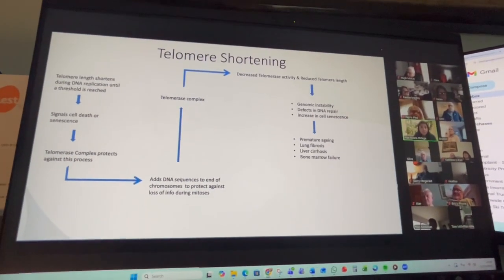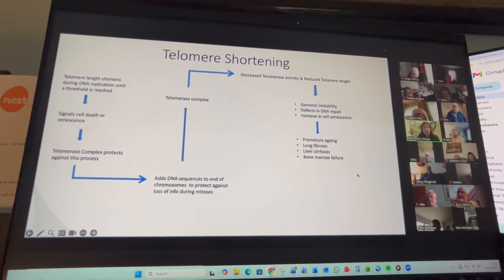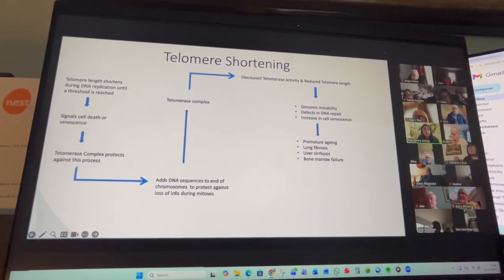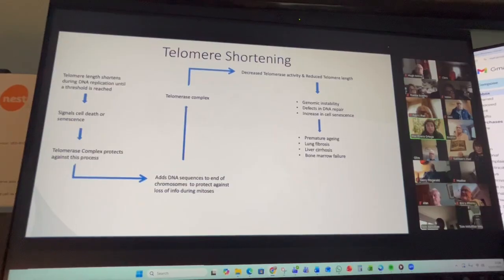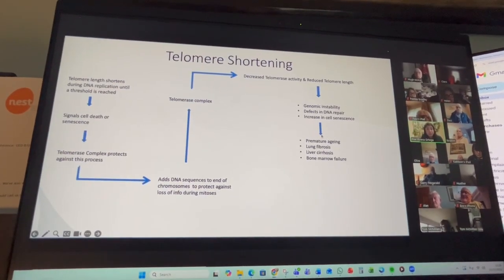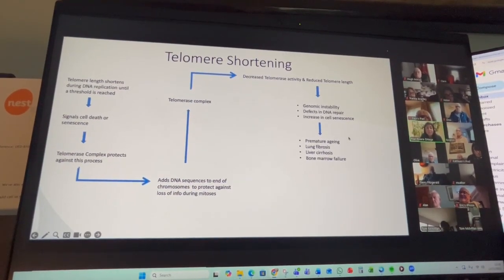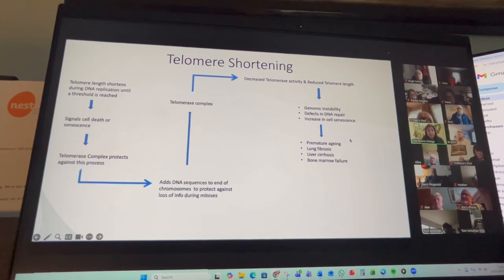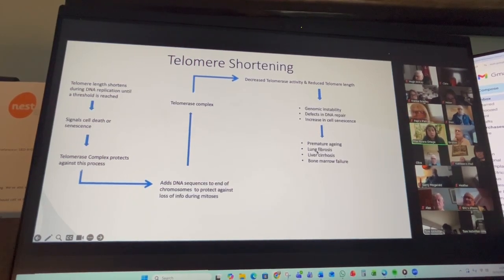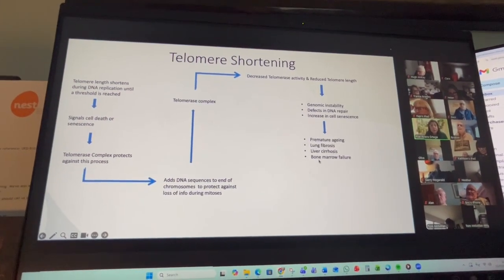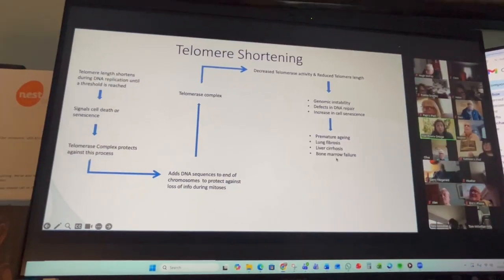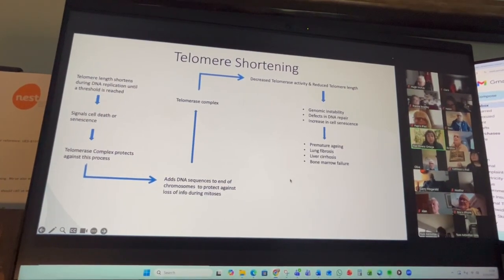From now on, for patients that we are thinking about a telomere shortening or telomere biology disorder, these four are very well related. So it's not only about the lung, we always need to check the liver, always check the bone marrow or the blood, and also premature aging.